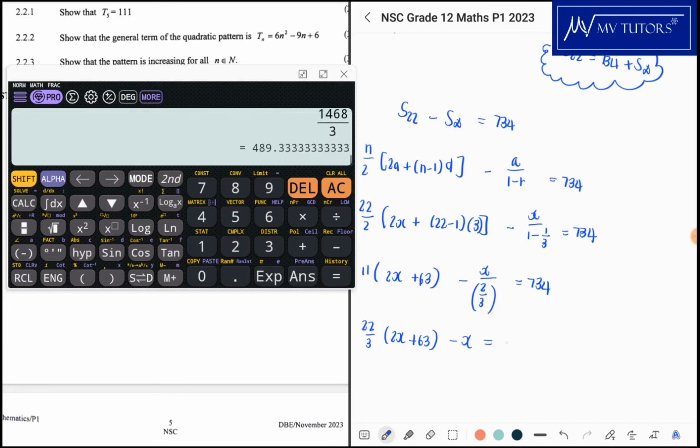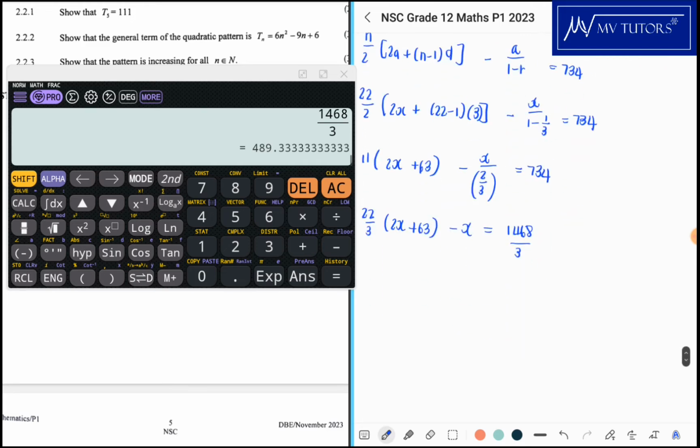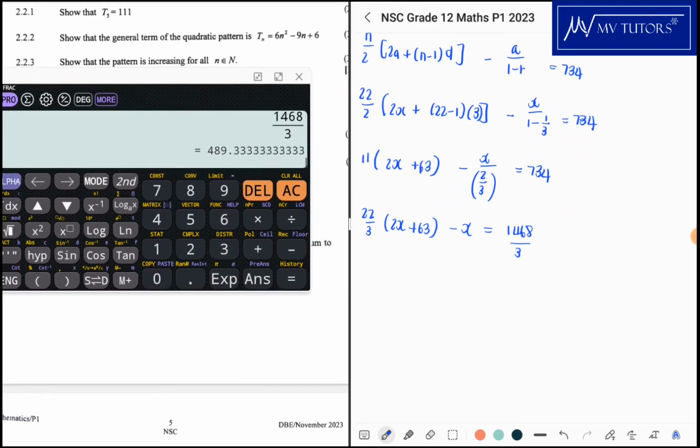So I have 1468 divided by 3. Okay, so now I need to multiply by 3 throughout, because again, I still have fractions. So that's 22 times 2x plus 63 minus 3x is equal to 1468.